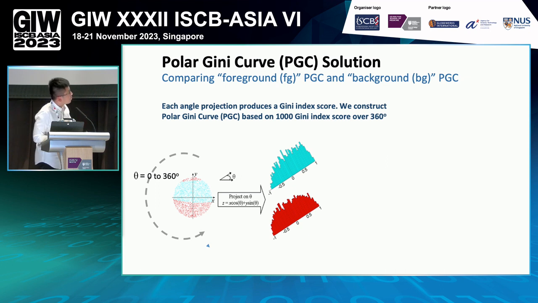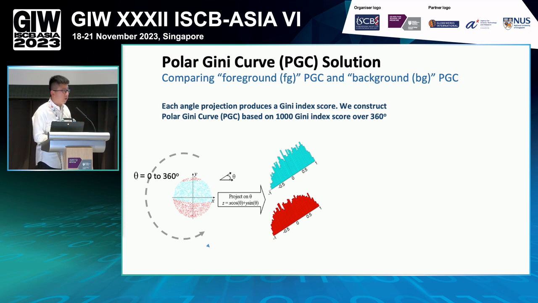So let me introduce one of the previous methods developed. It is called polar gene curve, which aims to separate a cluster into marker genes, the foreground, and the rest of the cells that do not exhibit the marker gene, known as the background.